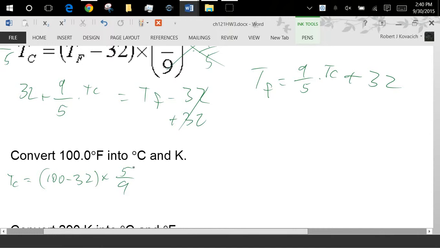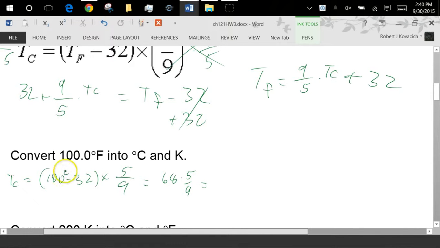Don't need the parentheses up there. Why? Because if I put this around that, that was going to happen first anyway. Okay, so I get 68 times 5 divided by 9.